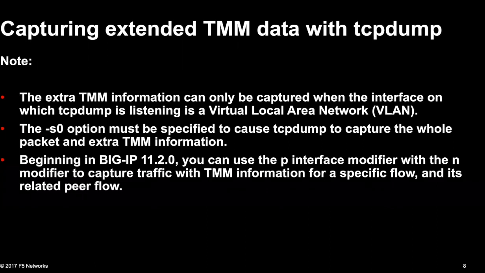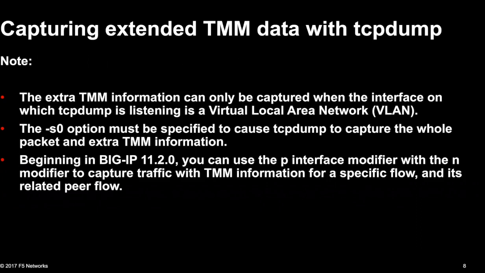To include this TMM extra information in the packet capture, you need to append the -s0 option. So it needs to be specified to cause Tcpdump to capture the whole packet and extra TMM information. And this is very useful beginning in BigIP 11.2.0. You can use the p interface modifier.